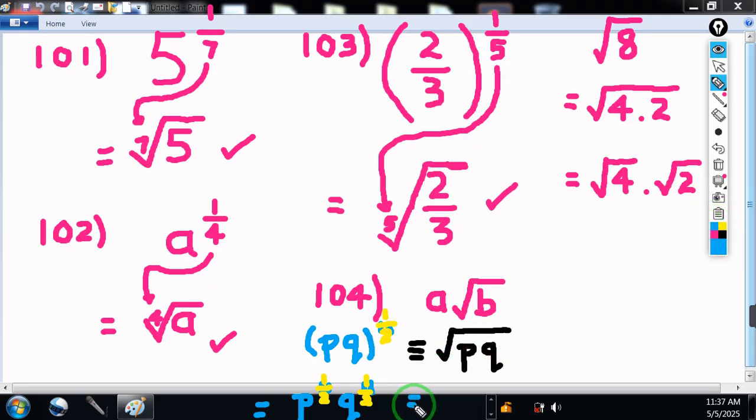This one is also equivalent. Like equal, that's called equivalent to square root of P, Q. However, you can also see this part.